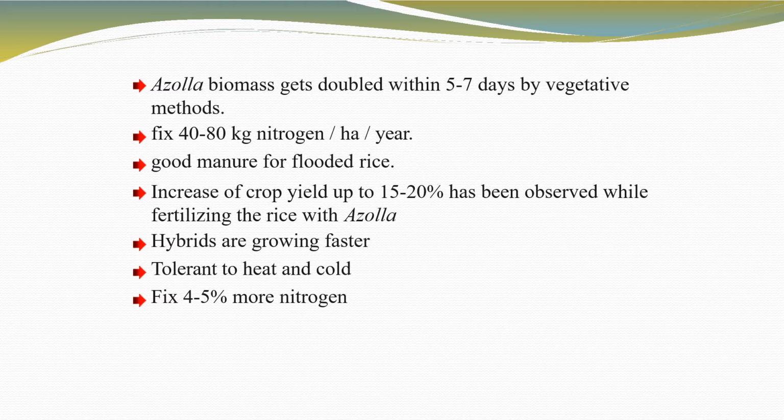Azolla increases crop yield up to 15 to 20%, as has been observed while fertilizing the rice with azolla. Hybrids are growing faster in azolla. It is also seen that it is tolerant to heat and cold. Generally, it fixes 4 to 5% more nitrogen.